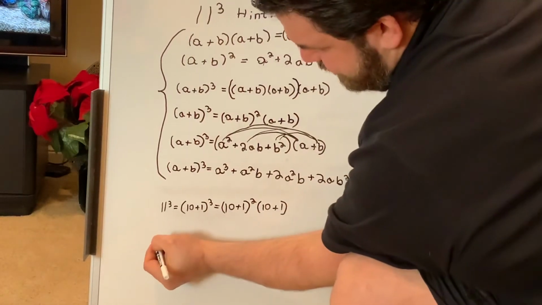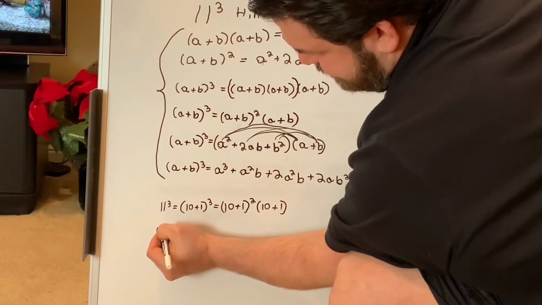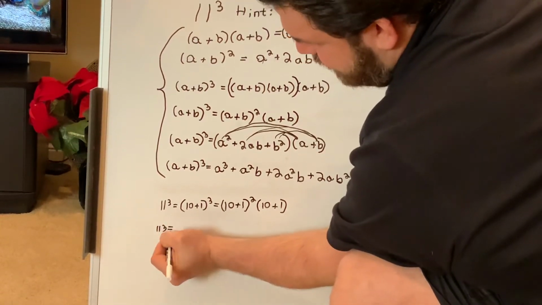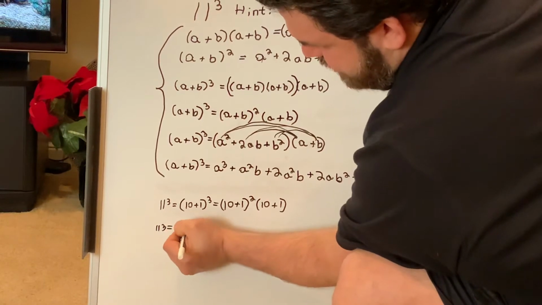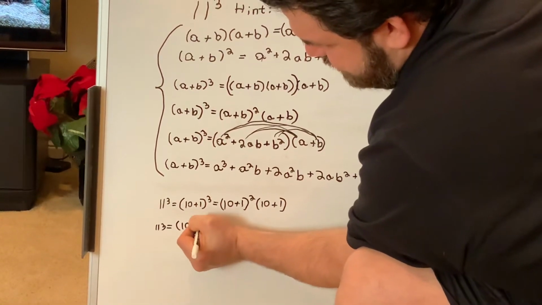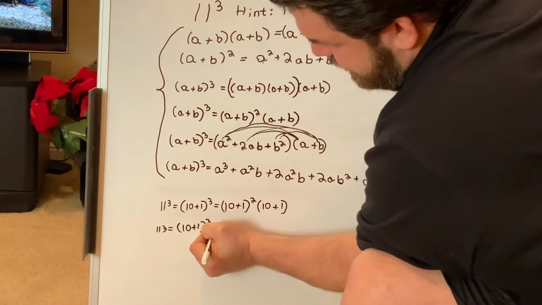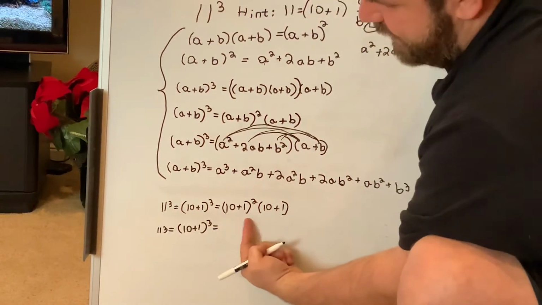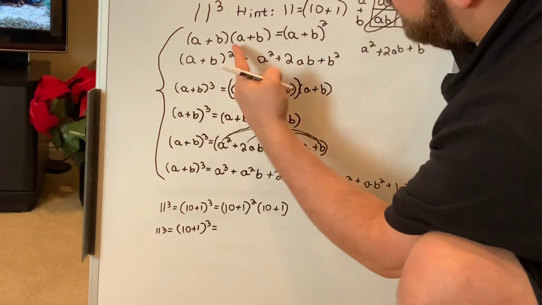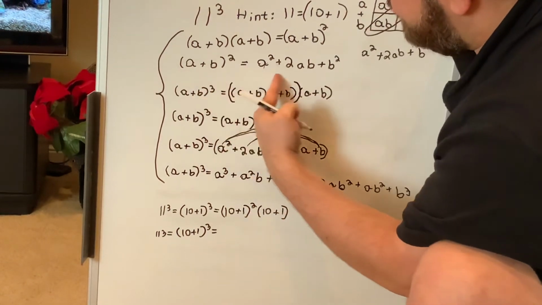We're going to go back here and say, well, okay, 11 cubed equals 10 plus 1 cubed. And now we're going to expand this binomial just like we expanded this binomial here.